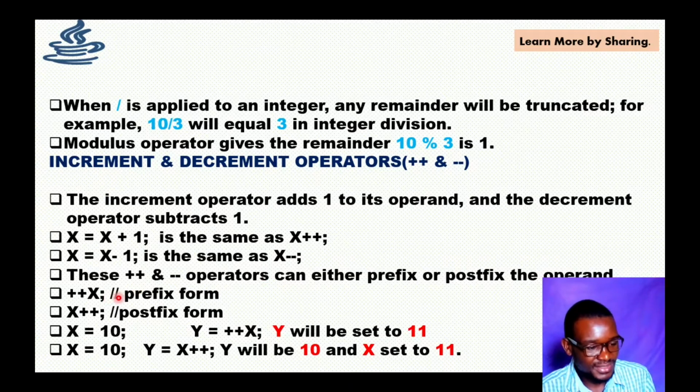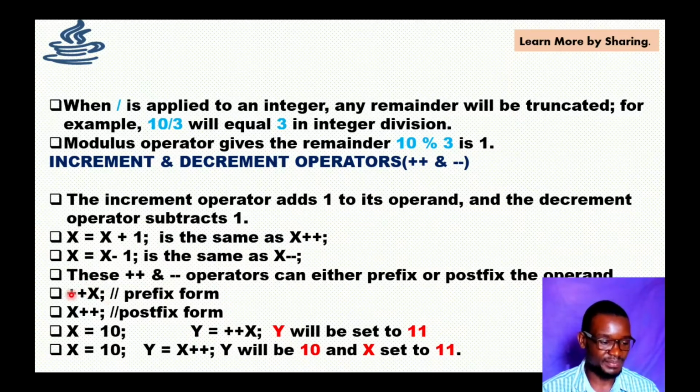What it means by prefix, for example, is that the increment operator comes before the operand. So this is the prefix form, and this is the postfix form. If you have x and you assign 10 to x, and then you want to increment x.